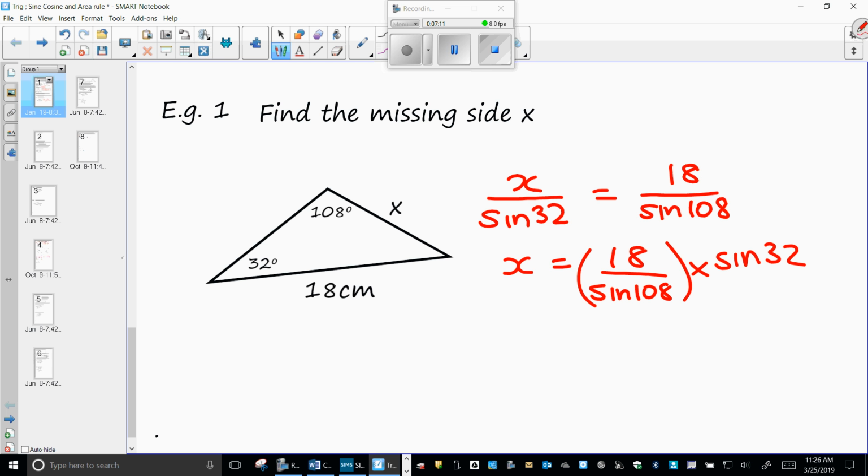Sure. Okay, there we go. Or the sine 32 could be in brackets. Totally, they can both be in brackets. We can bracket everything. Brackets make it so much more simple.